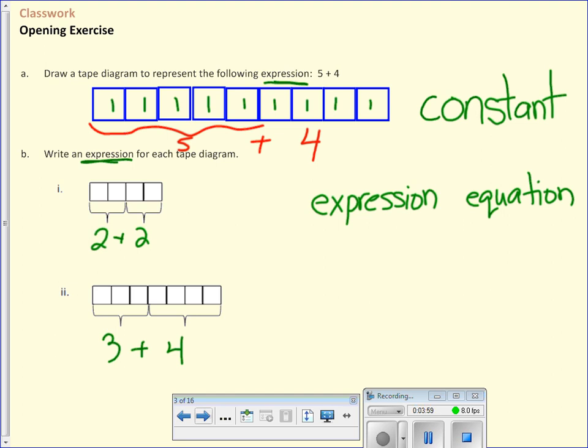Now all of these are expressions. What would I have to do to make them equations? What's the difference between an expression and an equation? So the expressions were 5 plus 4, 2 plus 2, 3 plus 4. What would we have to do to make them equations?